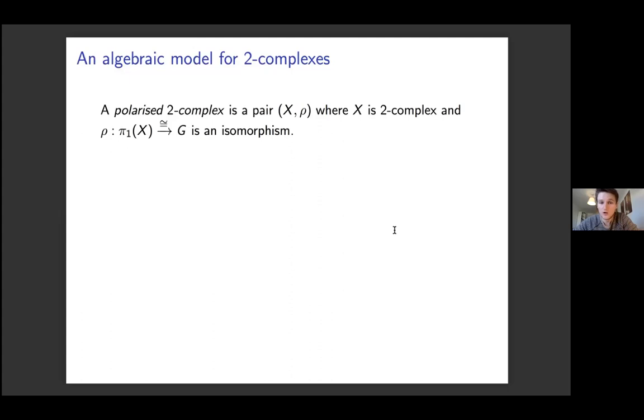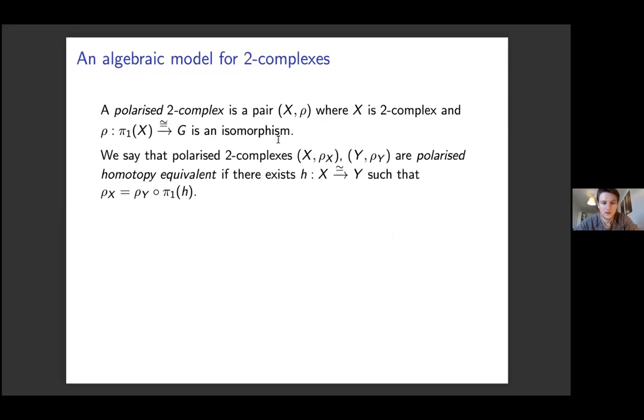A polarized 2 complex is going to be a pair of a 2 complex X and an isomorphism rho from pi_1 of X to a fixed group G. So fix an abstract group G, and then if you have a 2 complex whose fundamental group is G, you can get this polarized 2 complex where you also remember the explicit isomorphism of the fundamental group.